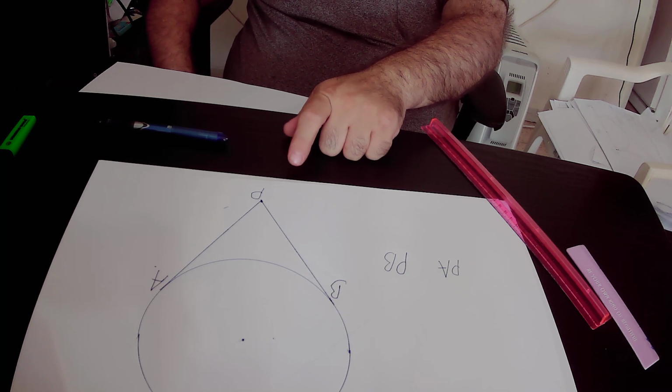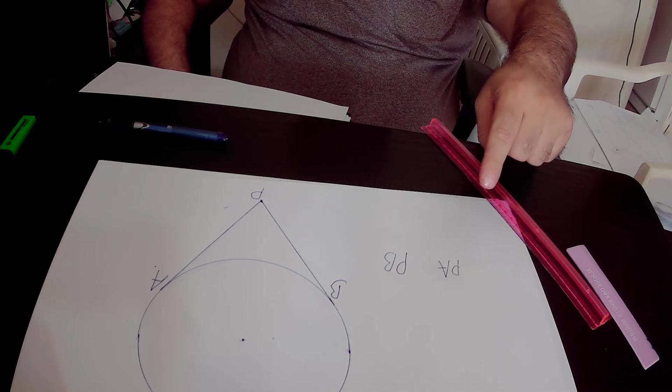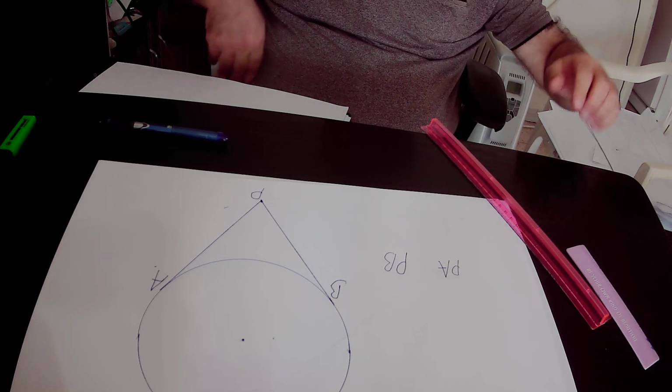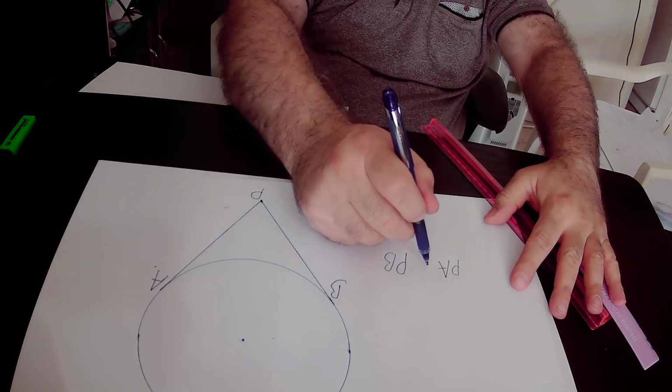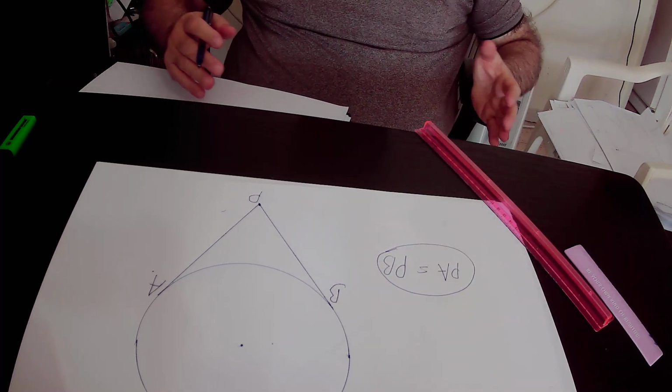So the lengths of those two tangents, PA and PB, are equal to each other. That is to say PA equals PB, according to two tangents theorem.